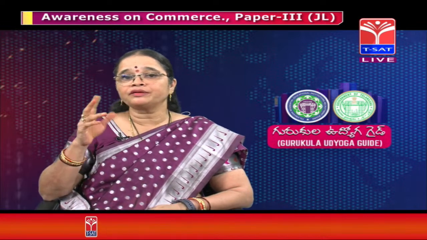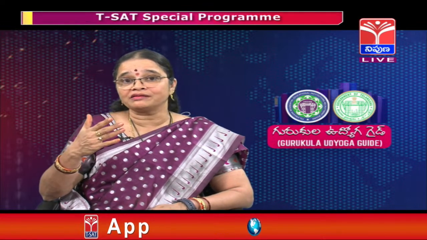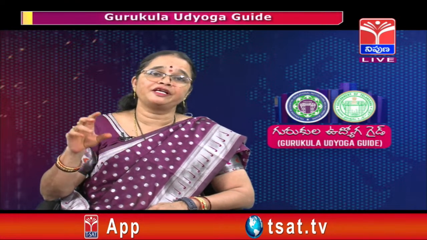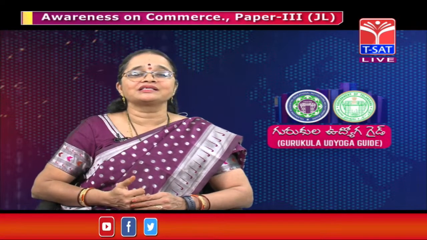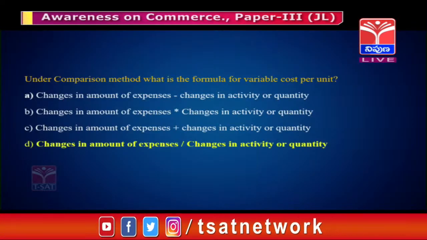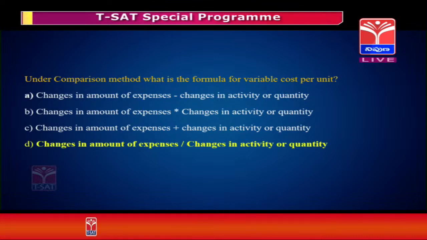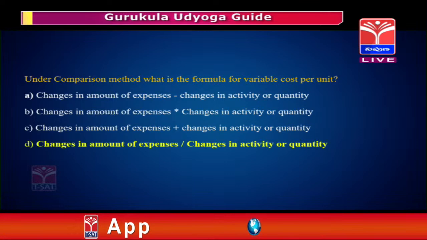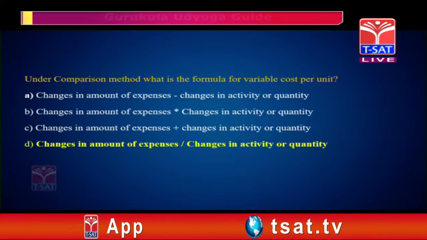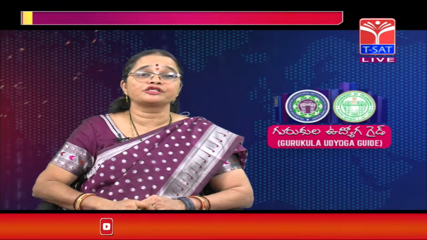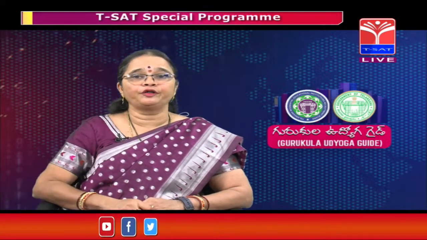When we are trying to differentiate, there are different methods on the basis of which you can segregate a semi-variable expenditure into variable cost and fixed cost. So here he is asking about the calculation involved in variable cost per unit. There are different methods. Out of those methods, you also have the comparison method. If he is giving you two different options and says find out the variable cost per unit in the two different options which have been given.